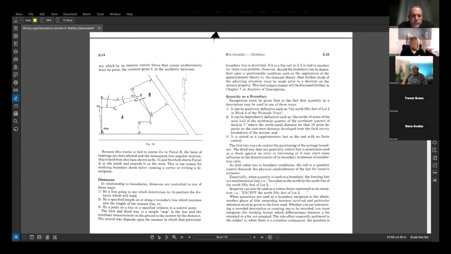A bearing starts out with either an N or an S, and that has a particular meaning. If it doesn't, then the whole bearing doesn't have any meaning. The letter N stands for north, a directional meaning, and that should be true throughout the whole of the deed.